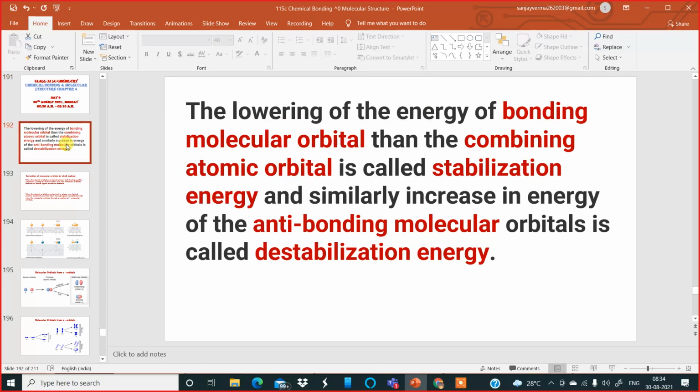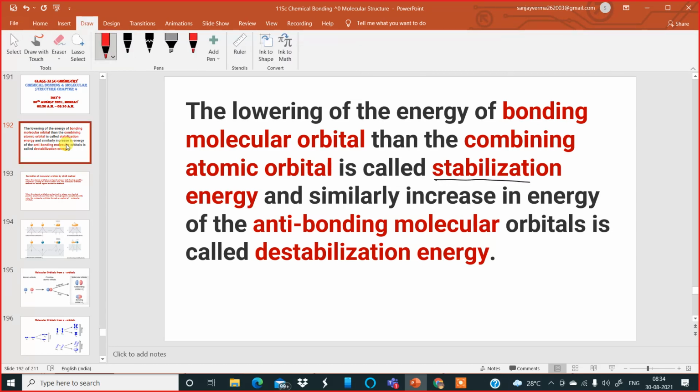Now today, if you look at this slide, when bonding molecular orbitals are formed, there is lowering of energy, and that lowering of energy is called stabilization energy. This is a very important slide.